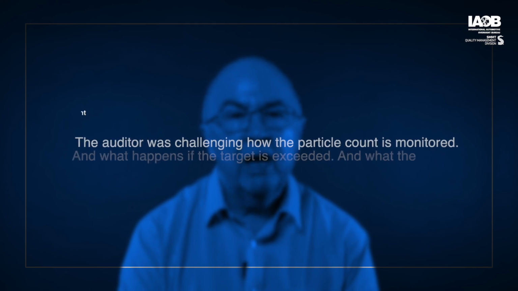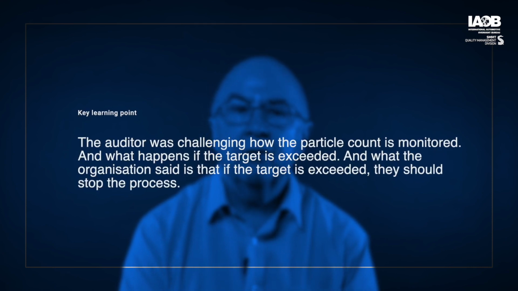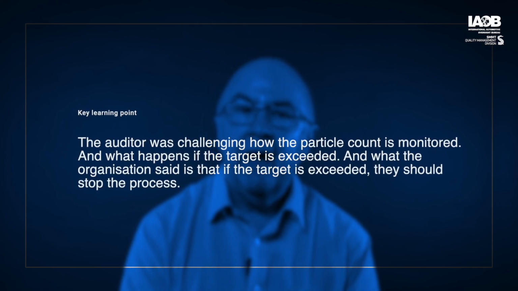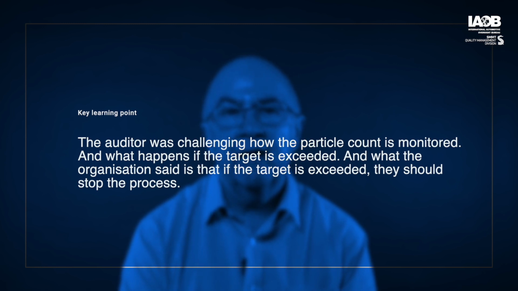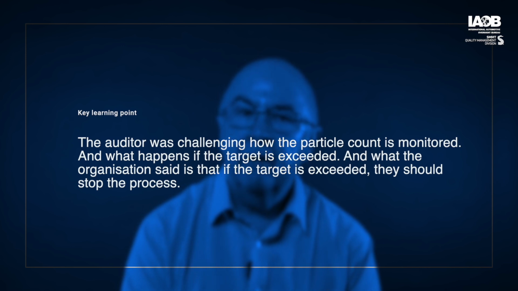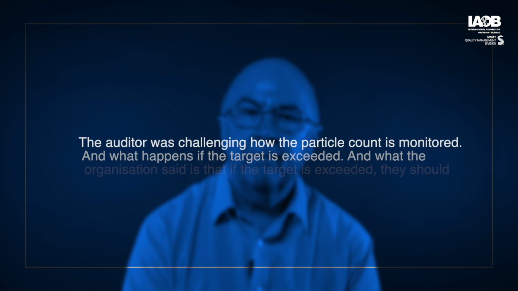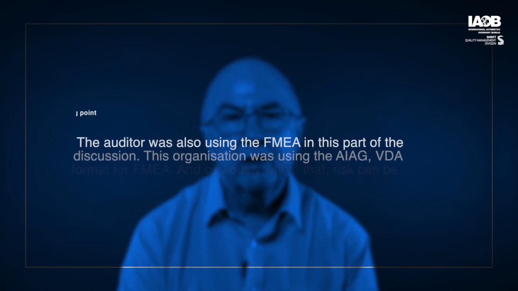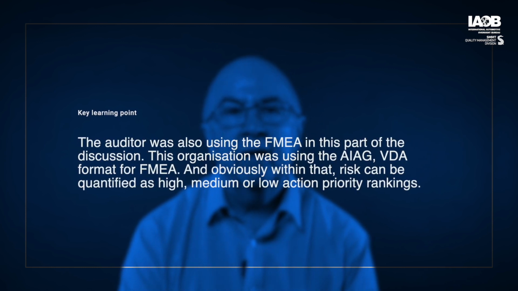The auditor was challenging how the particle count is monitored and what happens if the target is exceeded. And what the organization said is that if the target is exceeded, they should stop the process. The auditor was also using the PFMEA in this part of the discussion.